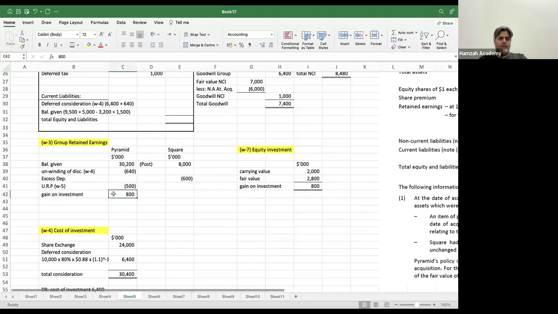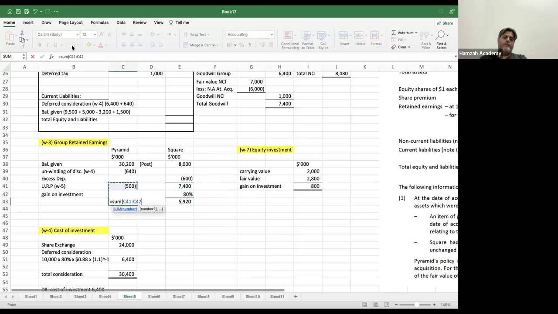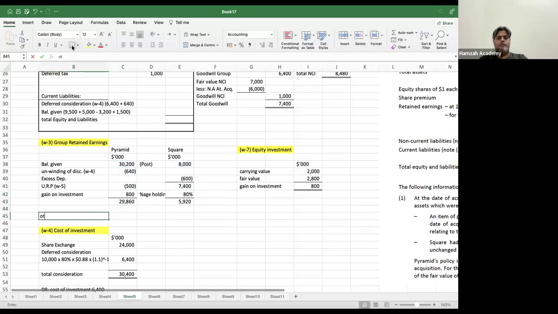Then this is the NCI. No, sorry, group share. Not NCI, group share. Total group retained earnings are 35,780.